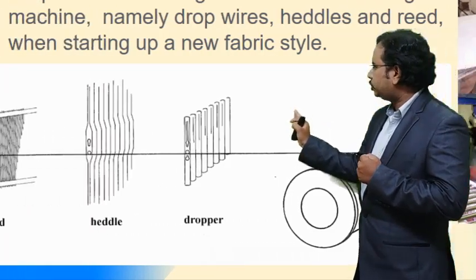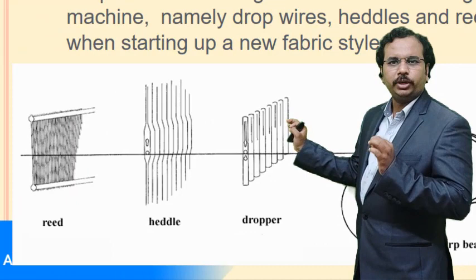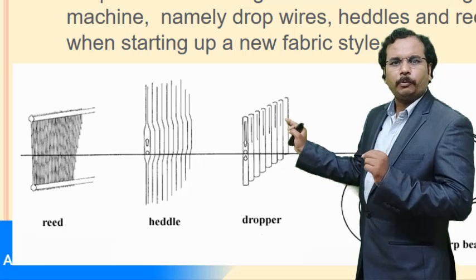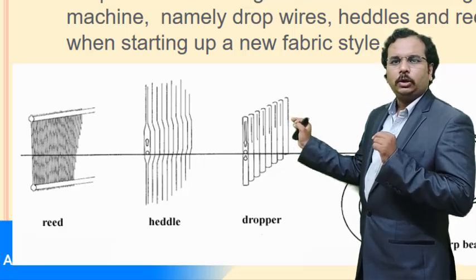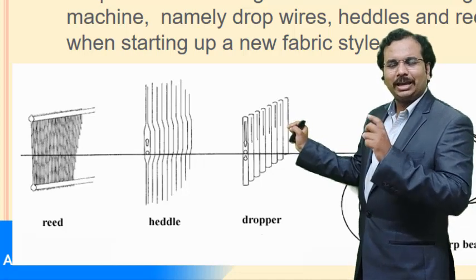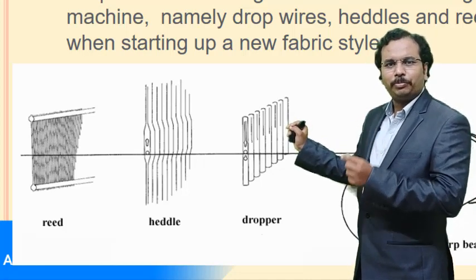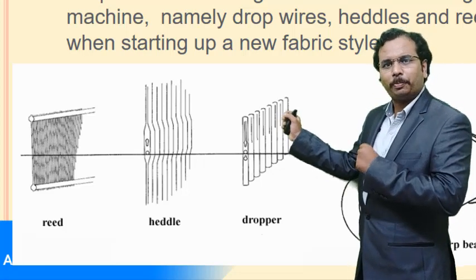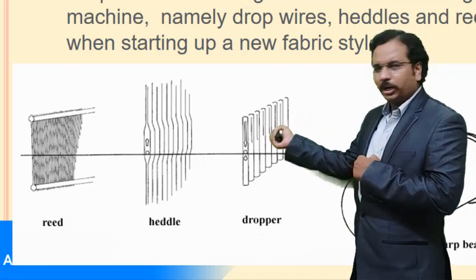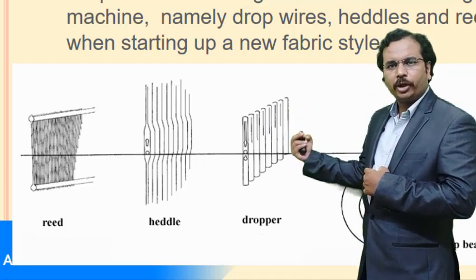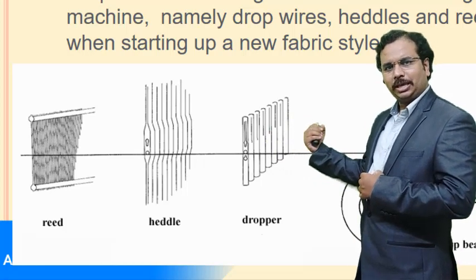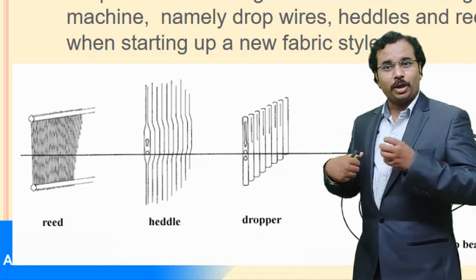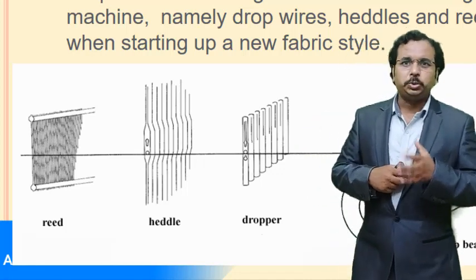The end is passed through the drop wires, or droppers, a simple metallic plate structure with a perforation, through which we pass the thread. After drawing through the drop wire, we pass the end into the heddle wire, and after that we pass the warp thread through the reed.